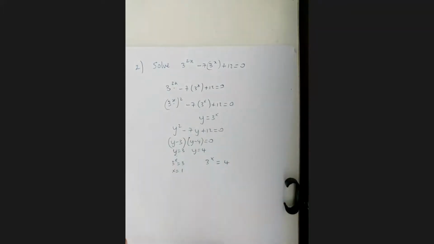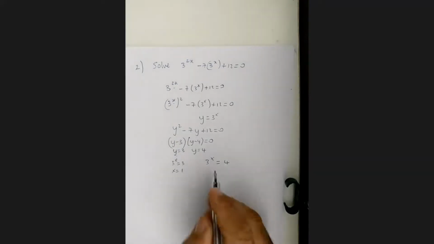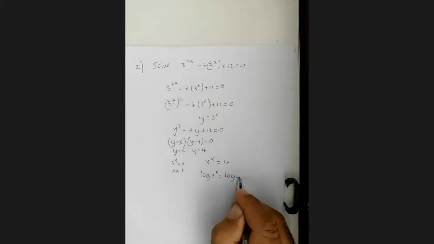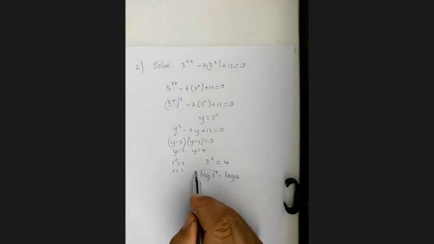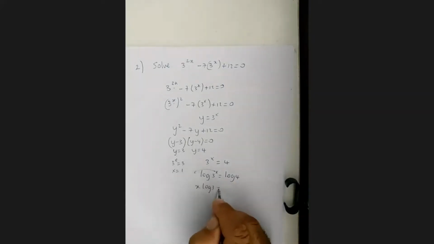Here the unknown is at the power. So what are we going to do? We are going to take logarithms to base 10 of both sides. So log 3 to the power of x is equal to log 4. Take this x there as the coefficient. x times log 3 is equal to log 4. x is equal to log 4 over log 3.